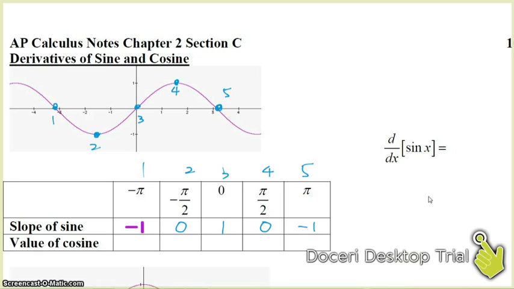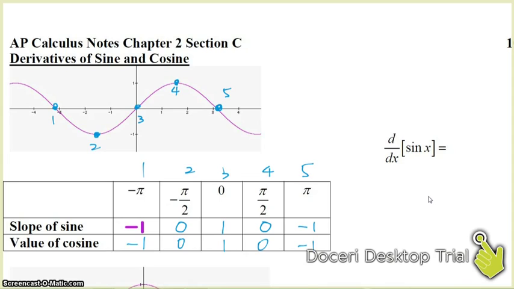Coincidentally, the graph of cosine shows exactly that. If we look at the cosine graph, it's -1 at negative pi, 0 at negative pi over 2, 1, 0, and -1.